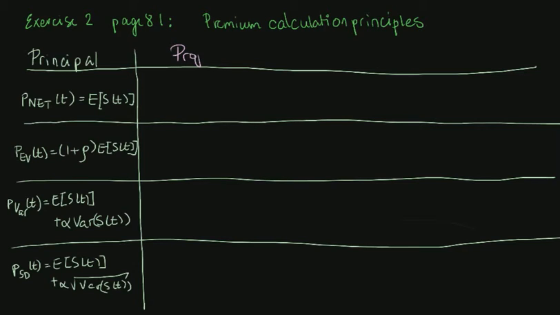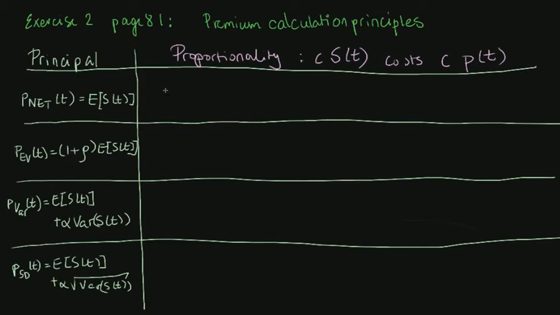I'll just call it proportionality, which says the price for insuring some scaled up or scaled down version of the total claim size should be equal to the price of insuring the total claim size, and then just scaling that price up or down with the same factor. So if the total claim size goes down to a half of what it was, then the price should also go down to half of the original price, and so on.